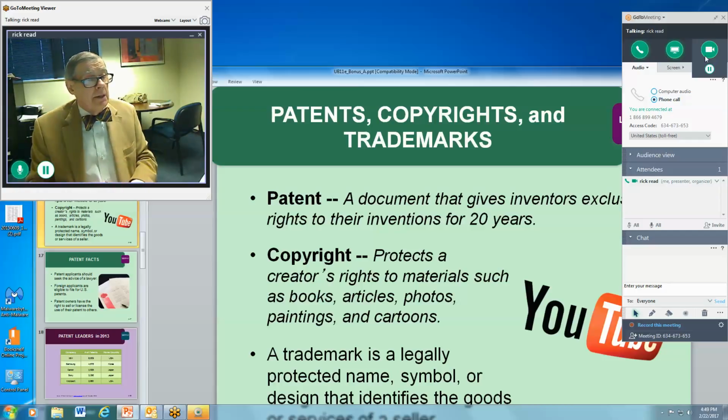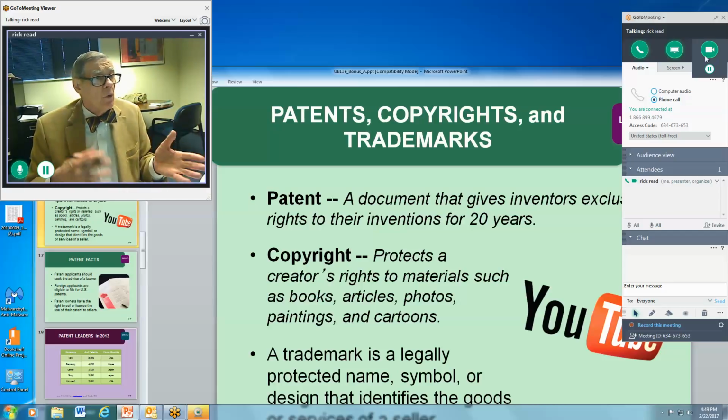And that means that person has exclusive rights to use that for a certain period of time. For instance, if you want to use something from a book, depending upon the publisher, it's either more than 50 words or more than 100, you have to get permission from the author or the publisher to do that, and if the author is no longer alive, from his or her heirs.